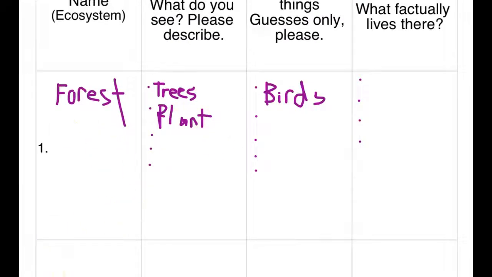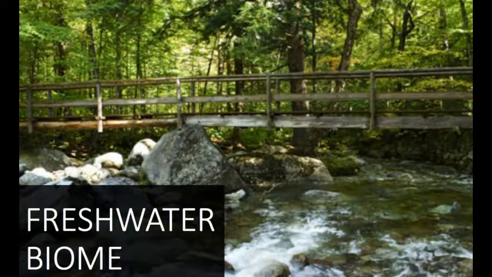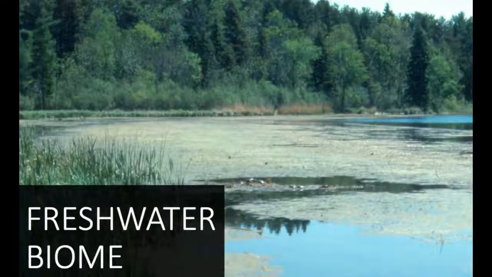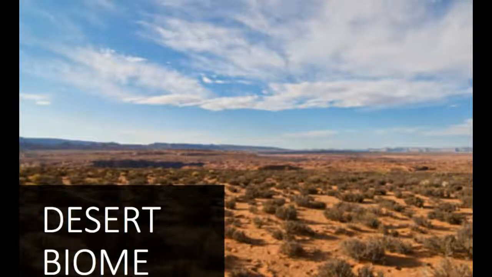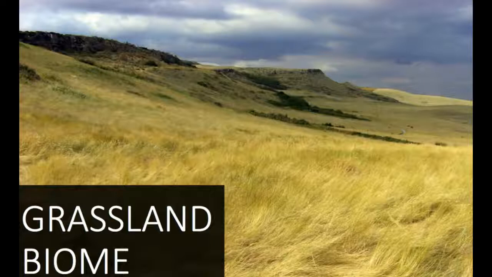And if we continue on in the slideshow, you can see that there's fresh water. And I'm going to leave it on for a couple of seconds. And you can pause it and then make your notes. So just pause the video and make your notes on the fresh water. Desert will be your next biome. Grassland or grasslands.